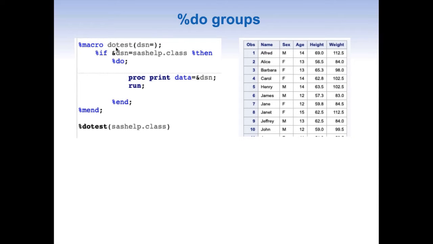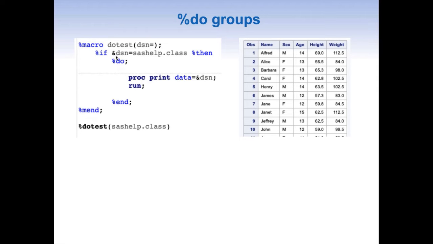Here I have %macro and I am naming it do_test, and I have one parameter dsn equal to. In here I am saying %if &dsn equal to sashelp.class %then %do; proc print data equal to &dsn; run; %end; and then I'm ending my macro with %mend. Here let's focus on our %do.